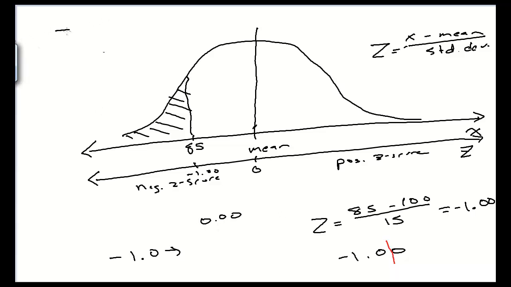If I had z equals positive 1.73, I'd go to row 1.7, column 0.03. And whatever's at that location, that is my area to the left.